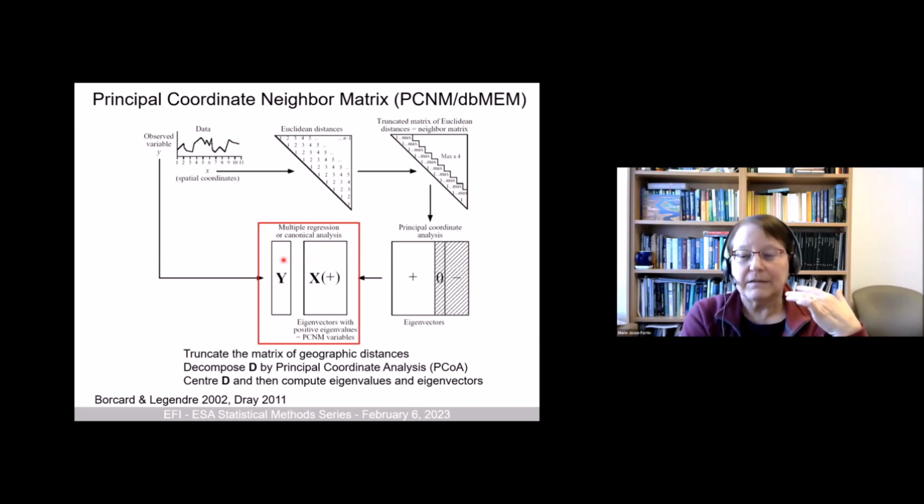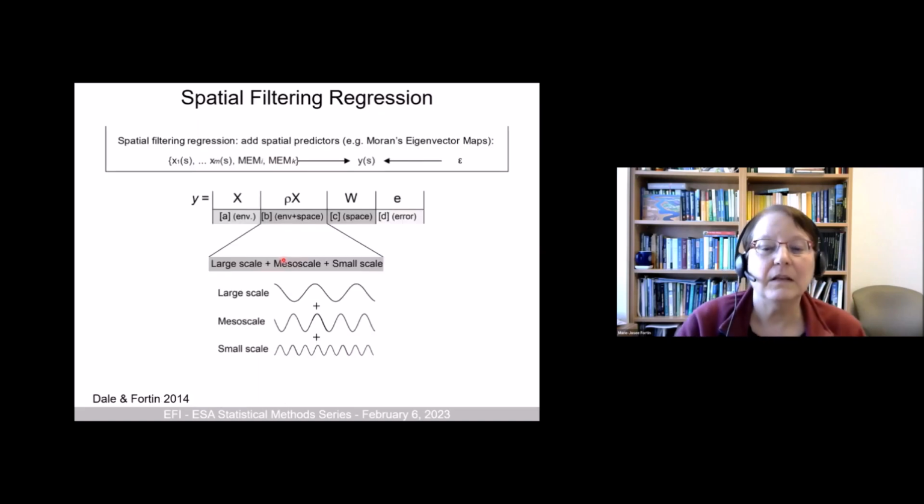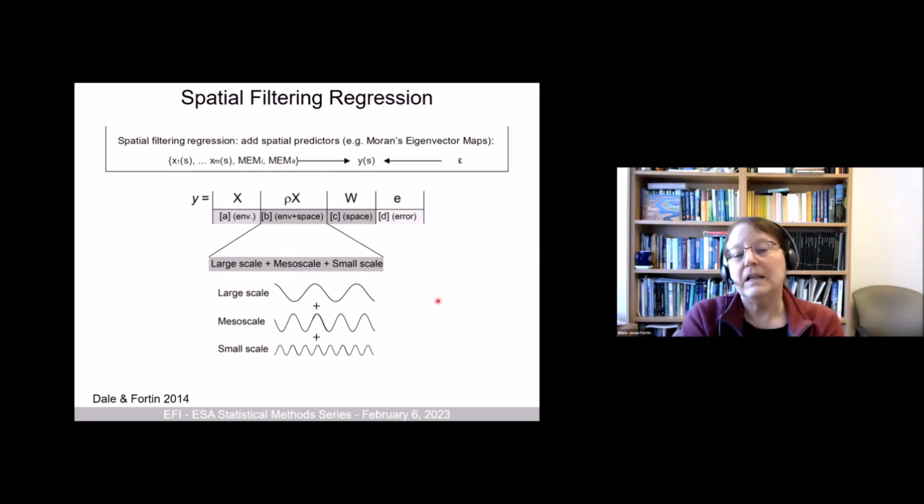So this is a complex way to obtain, if I can go back, those different scales. This principal coordinate analysis is going to give you those sine and cosine waves for each vector.